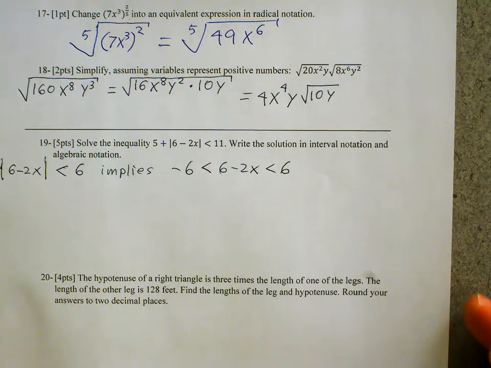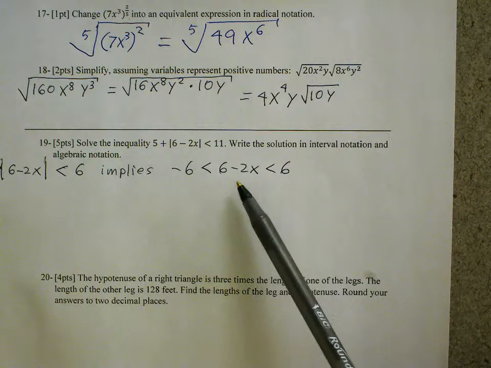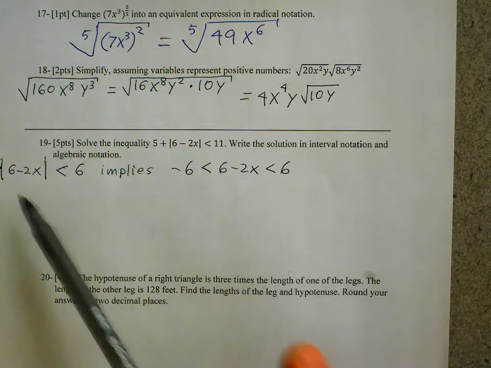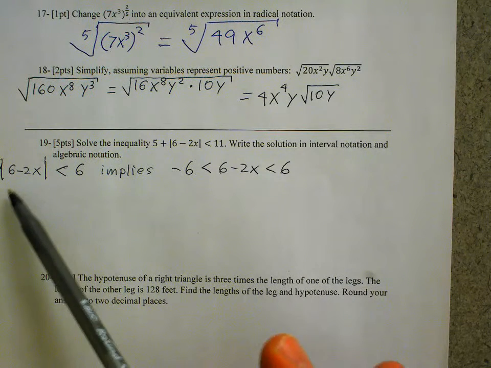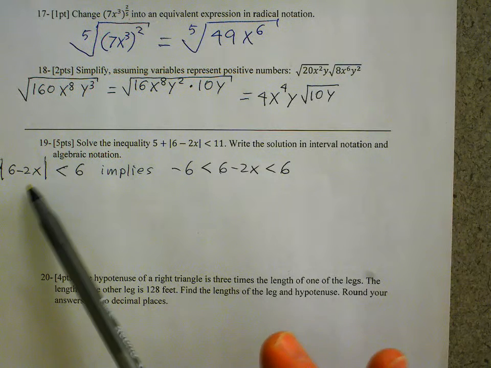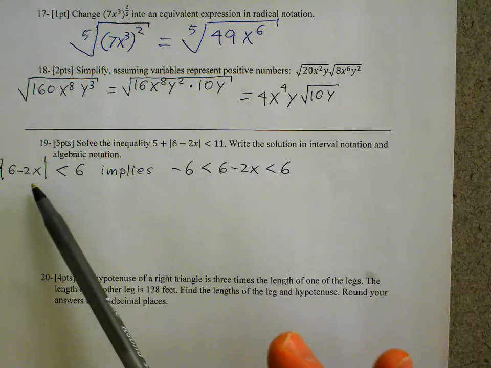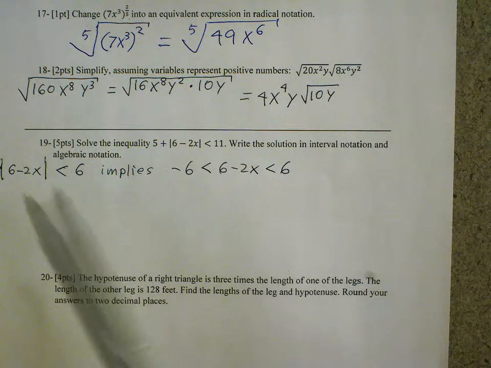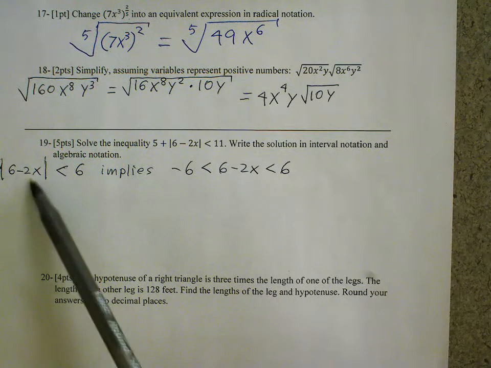If this is confusing, just remember the definition of the absolute value. The absolute value of a number is how far from zero it is on the number line. And think of 6 minus 2x as a number.